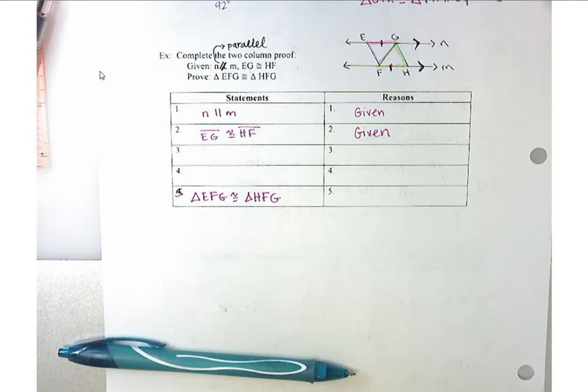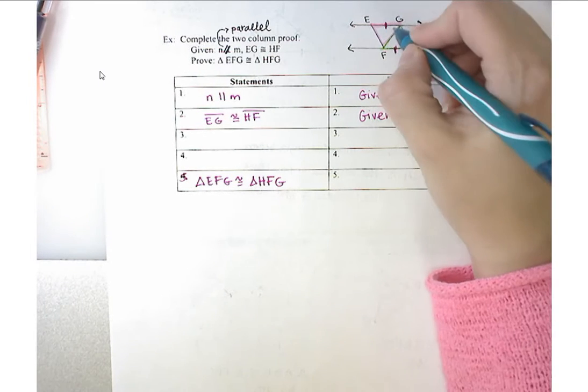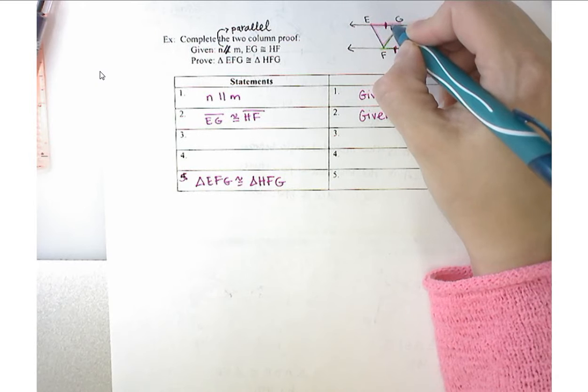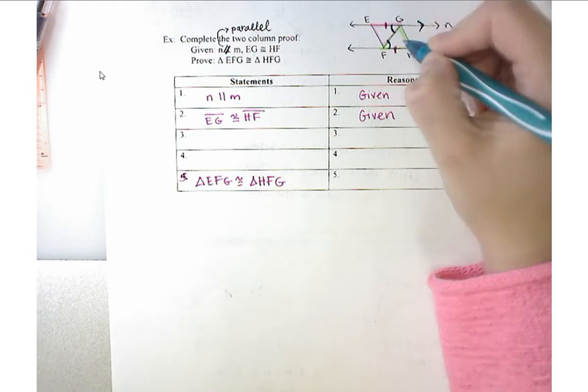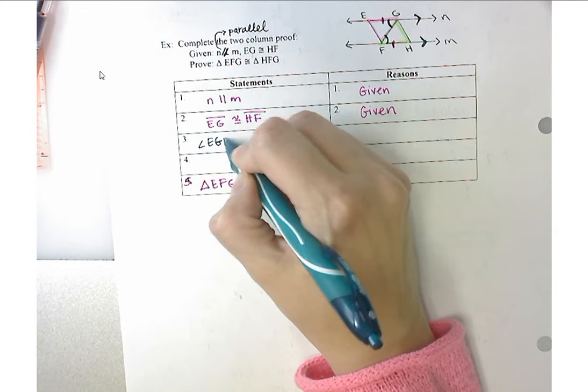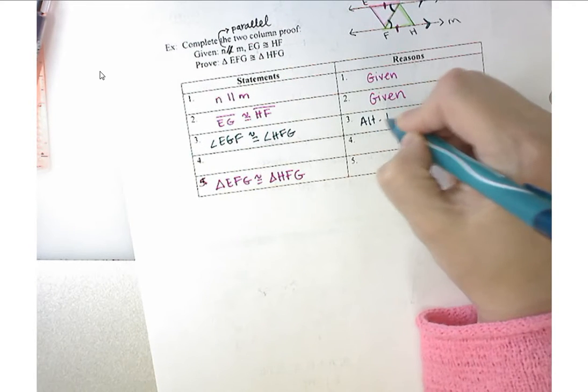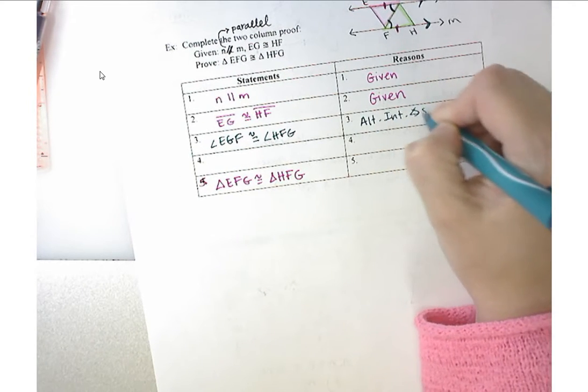A common type of angle that we see is the alternate interior. Alternate interior angles, if you have parallel lines, are formed. So that would be angle EGF and angle HFG, and that would be the alternate interior angles theorem.